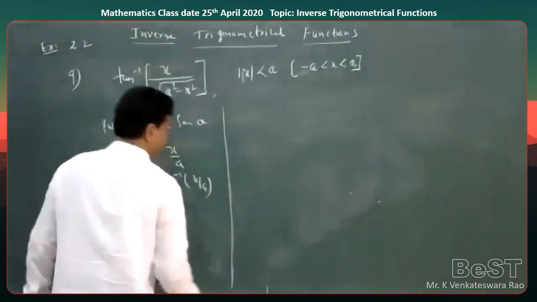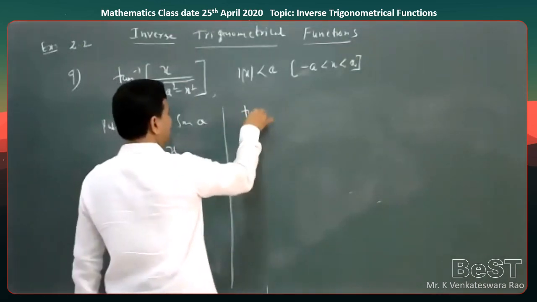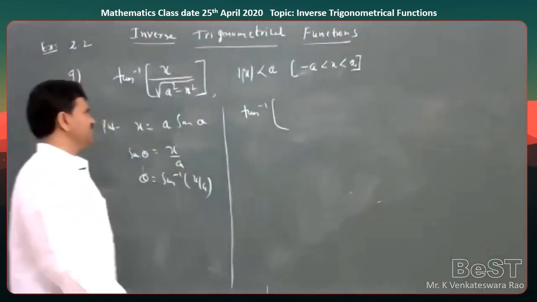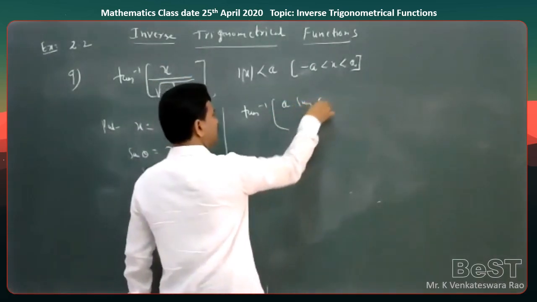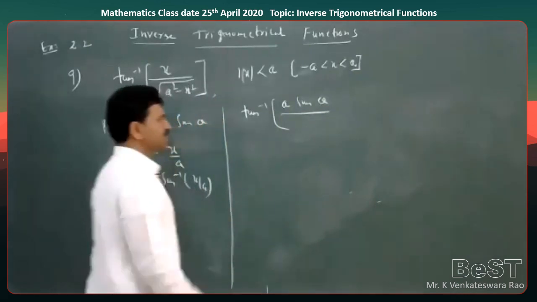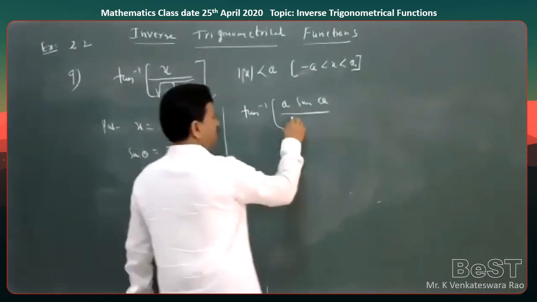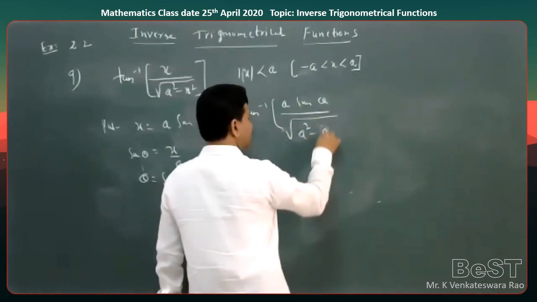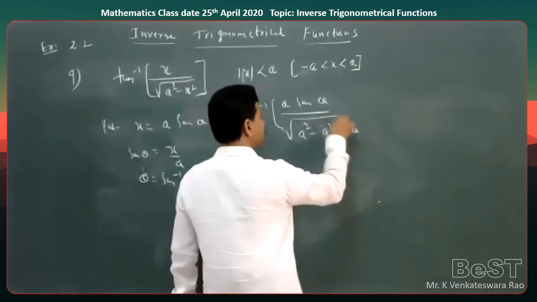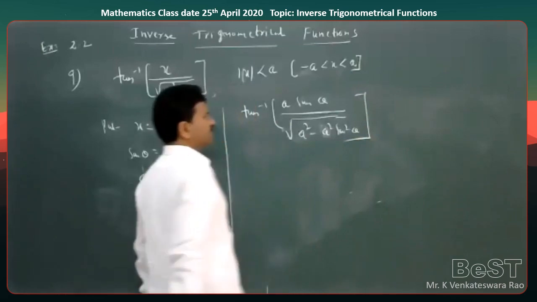So this is tan inverse of, what we are taking x value, a sin theta. It is a sin theta by square root of a square minus a square sin square theta. Do the simplification.